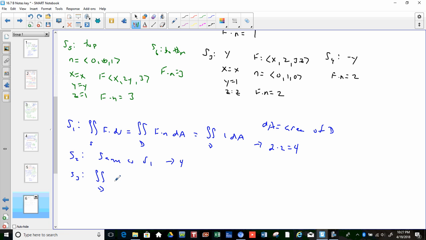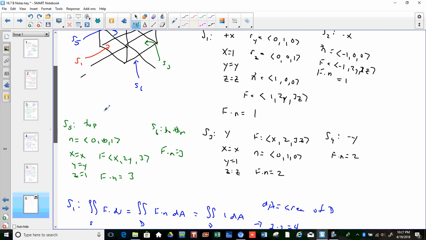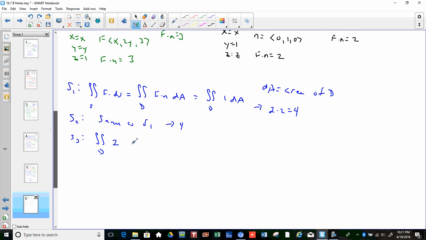The double integral over D of 2 this time, because S3 had f dot n of 2, dA. And again, dA is going to be the same. This is a cube. dA is going to be the same for every single one of them. So it's really going to be 2 times another 4, which is 8.